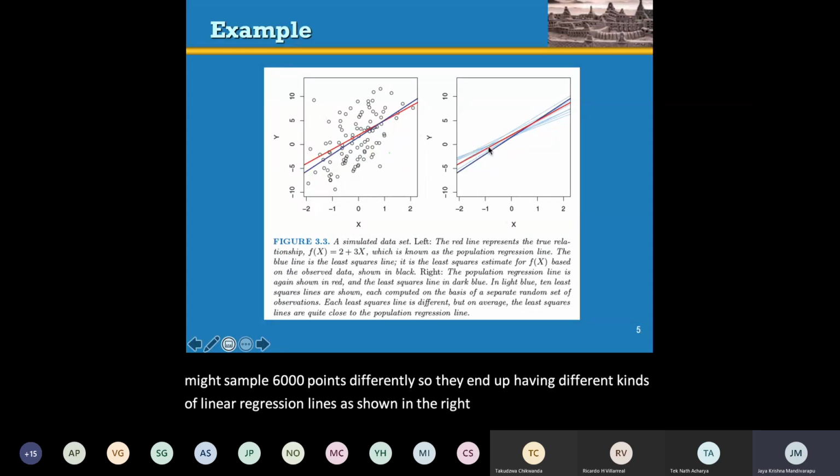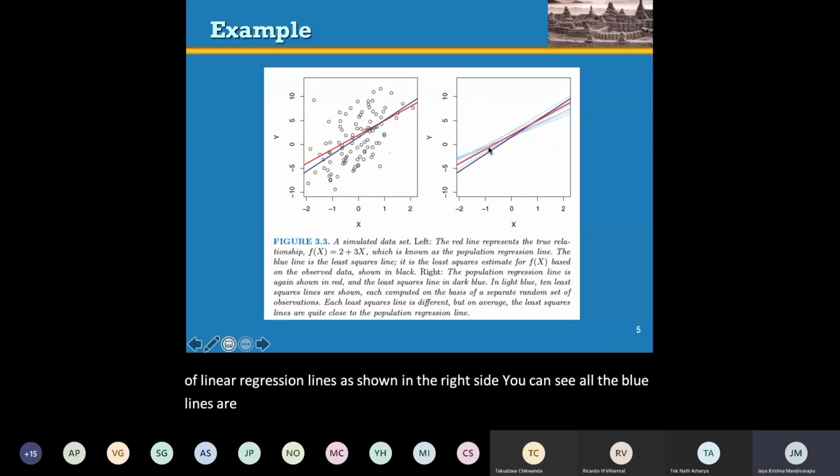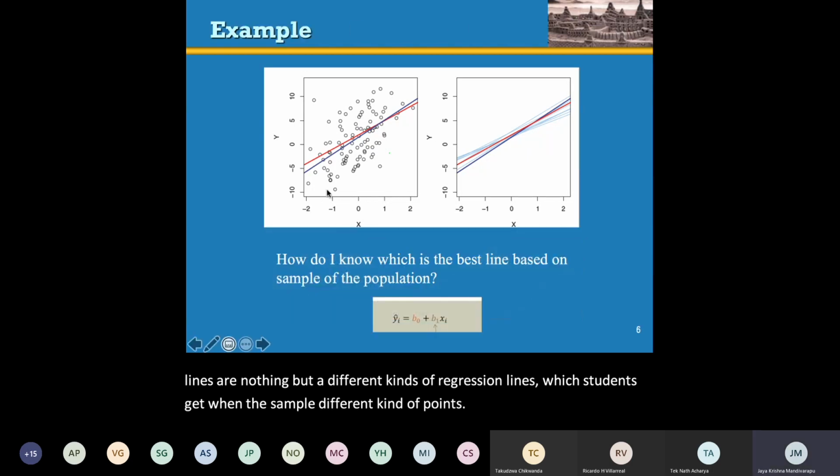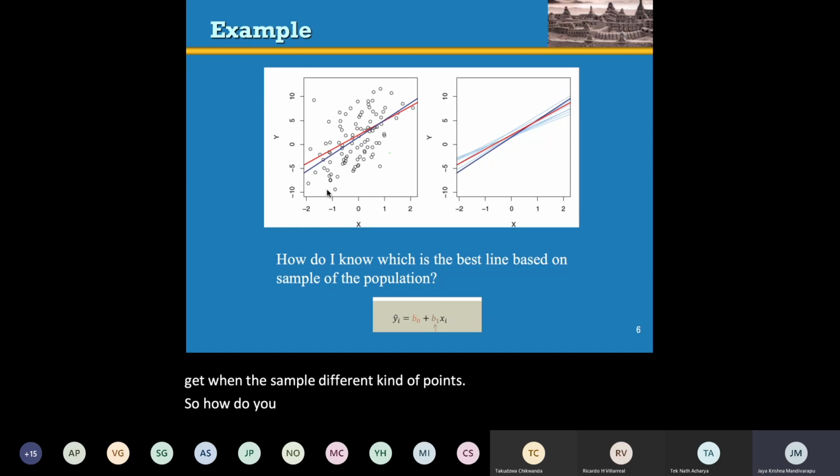You can see all the blue lines are different regression lines which students get when they sample different points. So how do you know which line is the best line based on the sample of the population?